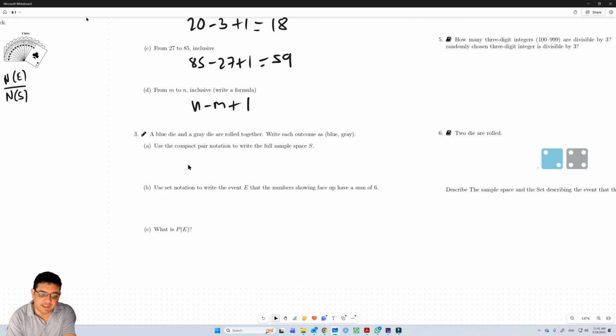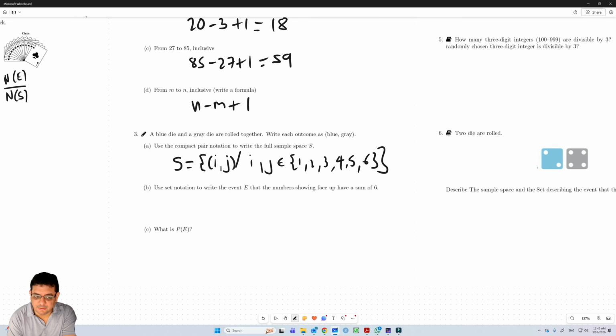We can write that as the sample space being the pairs (i, j), where i and j are numbers that belong to 1, 2, 3, 4, 5, and 6. So this is a very compact way of writing that.